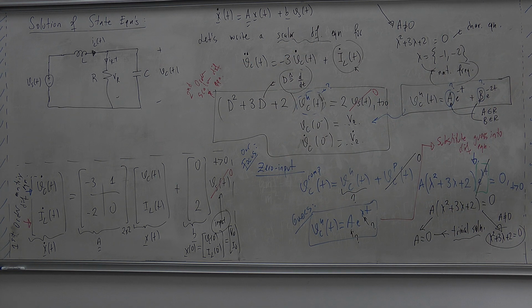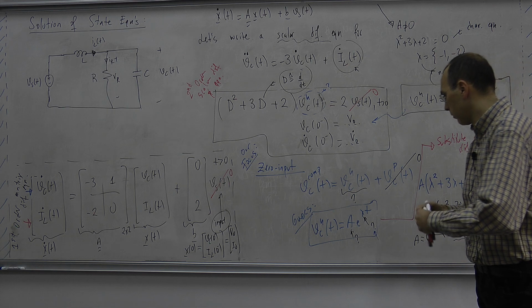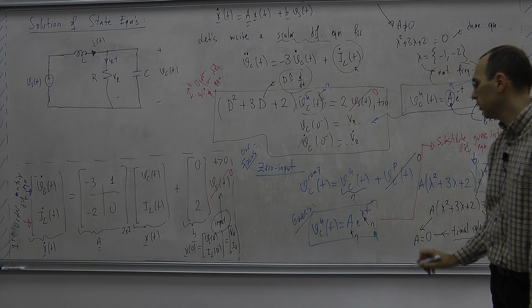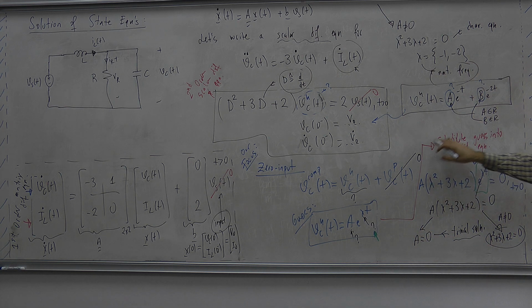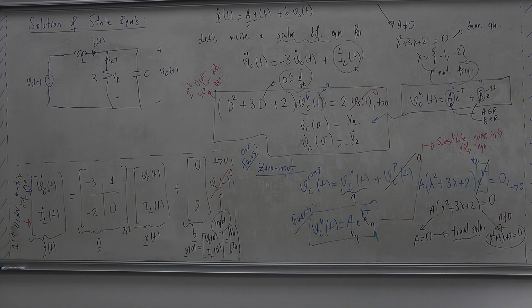So why am I focusing on this? Because of the procedure. What is the procedure? You make a guess. The guess is the classical guess, unknown coefficient, e to the lambda t. And then you substitute the guess and try to find what we call at the end natural frequencies, these lambdas.